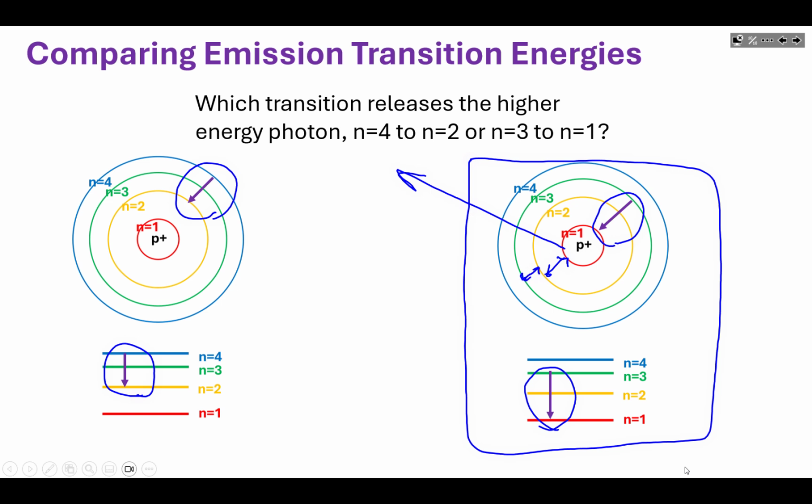And the spacing between n equals 3 and n equals 4 is smaller than the spacing between n equals 2 and 3. So they get closer and closer together. So we're kind of going delta n of 2 here and delta n of 2 here. And since these are further apart, we know for sure that they're going to have a higher transition energy, so emit a photon of greater energy.